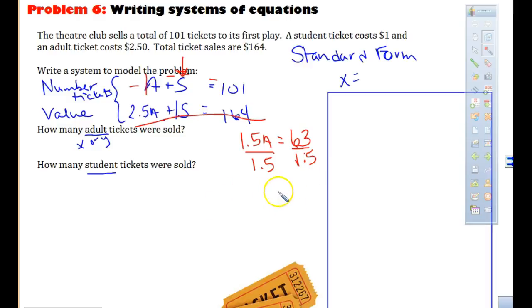So if I'm looking at the number of adult tickets that we are selling, we should have in this case, did you guys get it? Adults are 42. Versus if you used x or y, so how many adult tickets were sold? 42 adults.